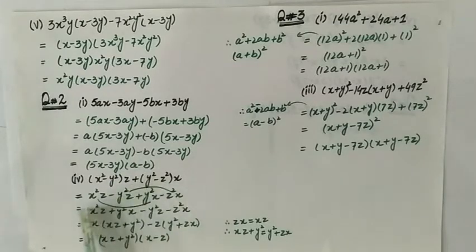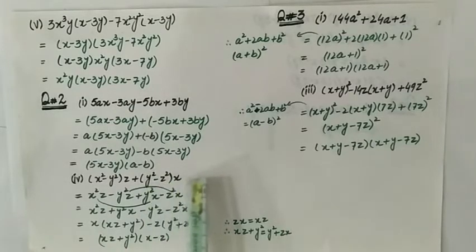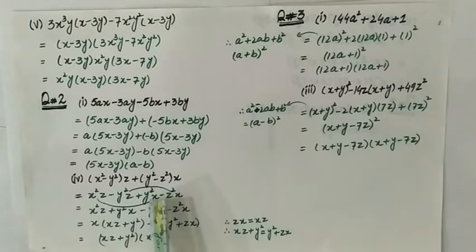After multiplying, it will become equal to x square z minus y square z. After multiplying this factor with x, it will become y square x minus z square multiplied with x, it will become z square x.